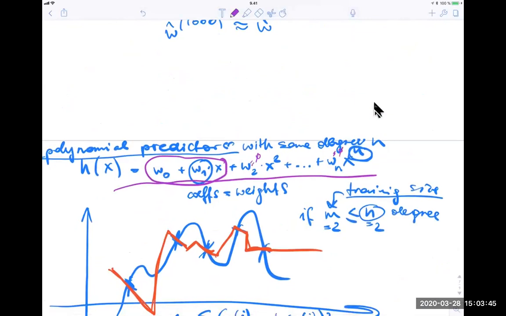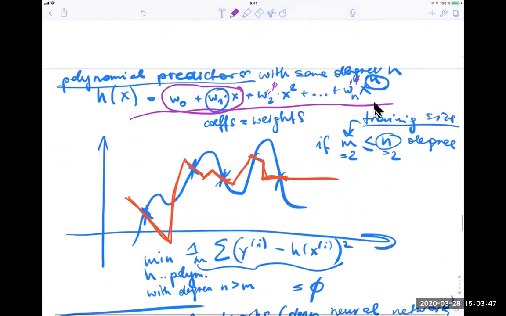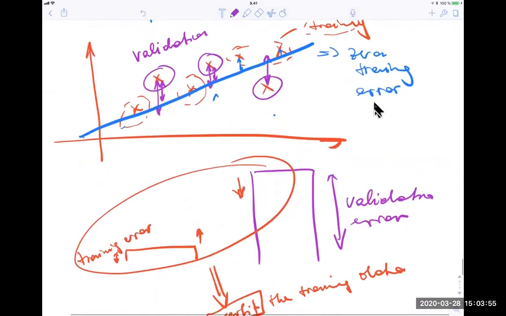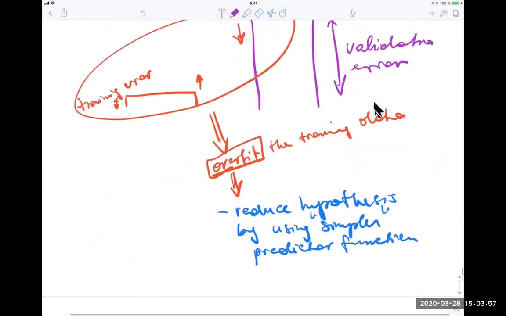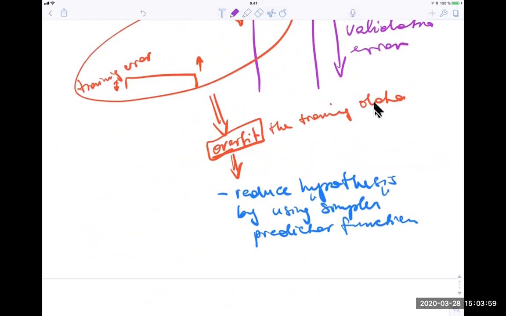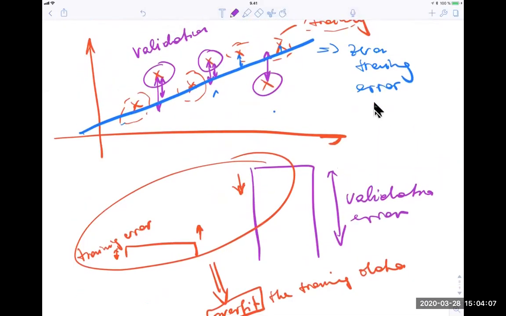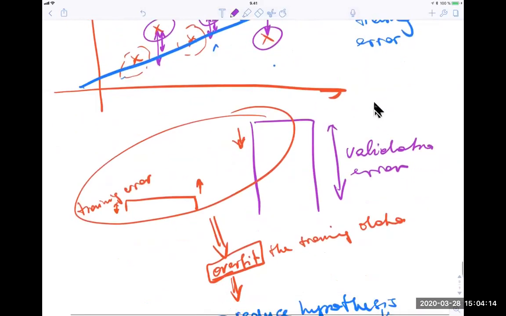So the space of linear functions is a smaller space than the space of polynomial predictors with a large degree, let's say degree n = 100. So using simpler functions like linear functions helps to avoid overfitting. And this is also another reason for using linear functions. Not only can we fit linear functions easily using gradient descent, they are typically not so sensitive to overfitting.